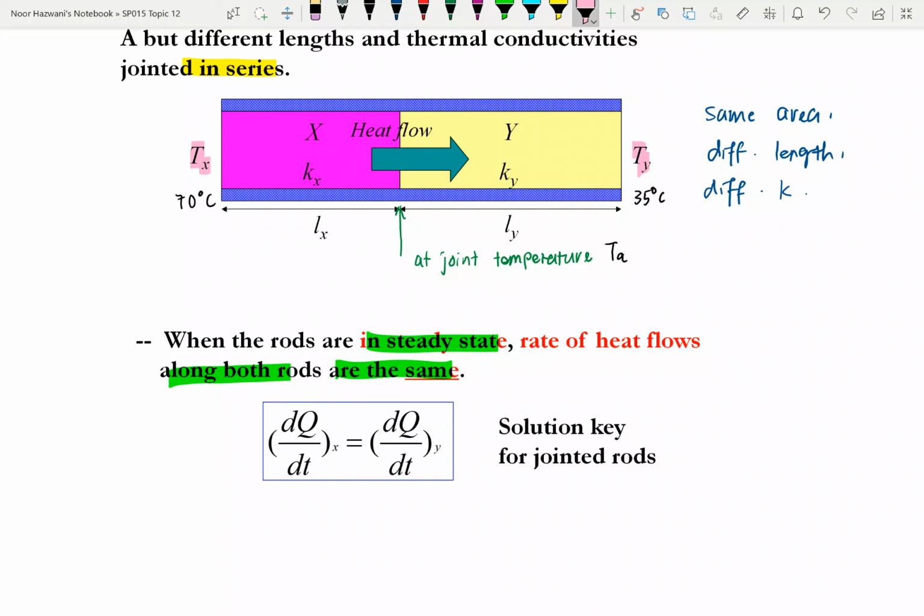So ini adalah dia punya solution key for jointed rod. Selalunya dia tanya find out ataupun calculate at joint temperature, maksudnya dia nak suruh you calculate TA ataupun temperature at the boundary between rod X dan rod Y.